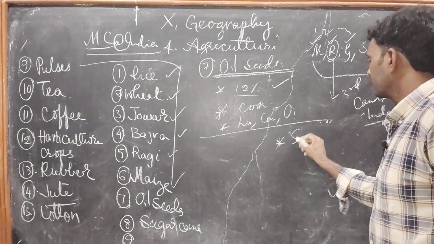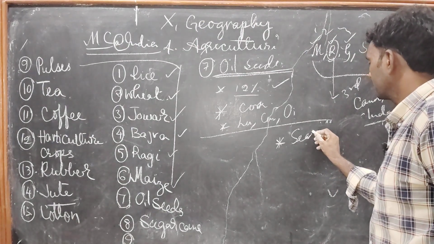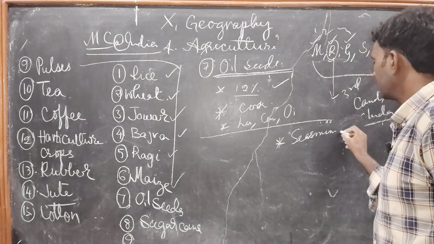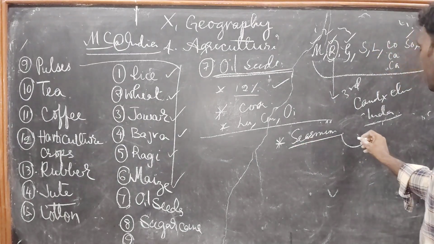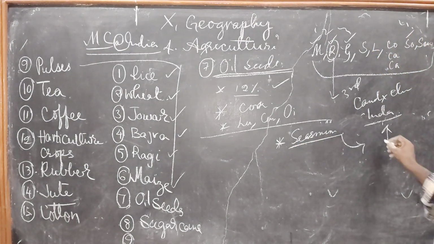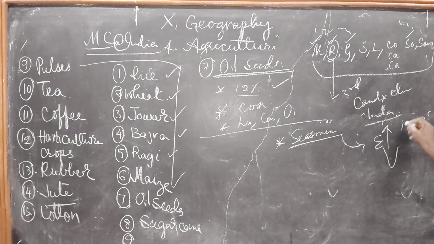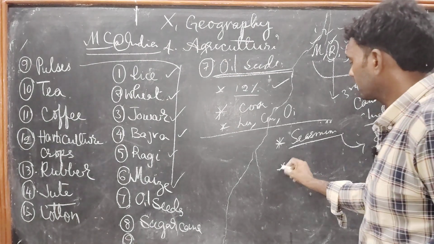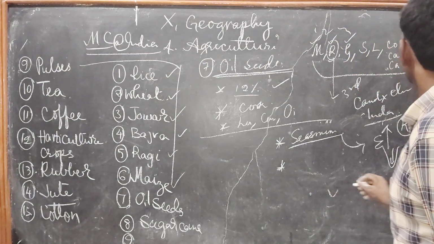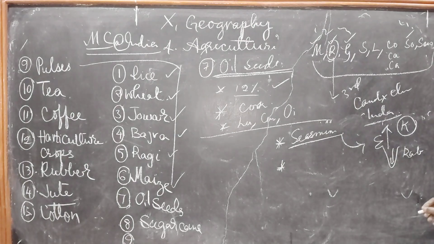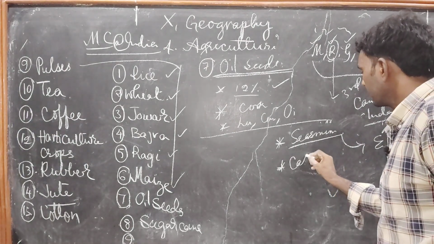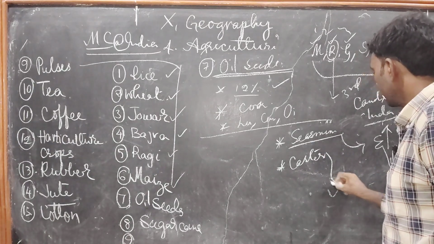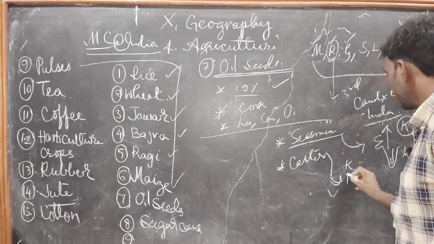And one more point: sesame. It is cultivated as a Kharif crop in northern India. In southern India, we cultivate it as a Rabi crop. Coming to mustard, it is cultivated in both Kharif and Rabi seasons.